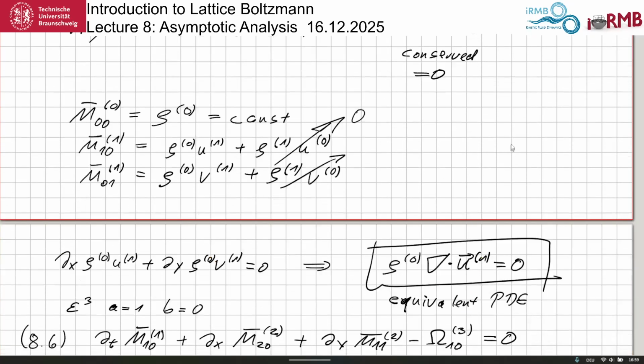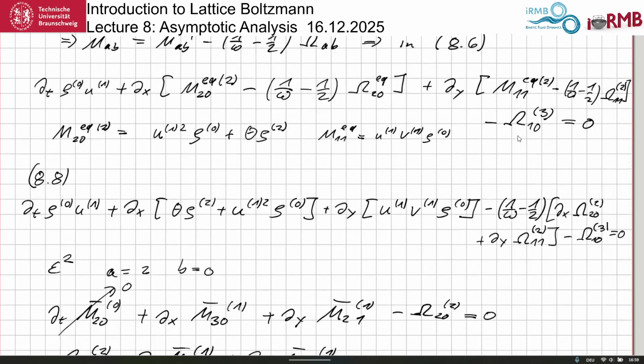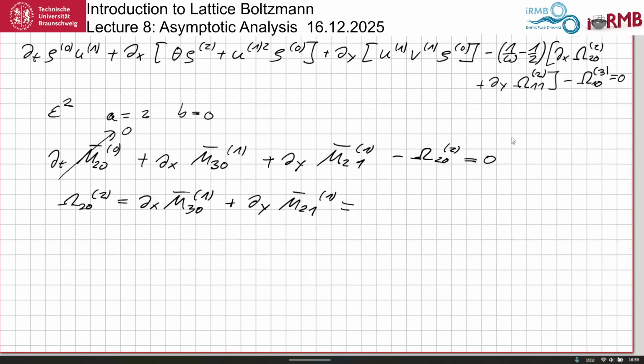That means that to first order, all these moments are equal to their equilibrium.